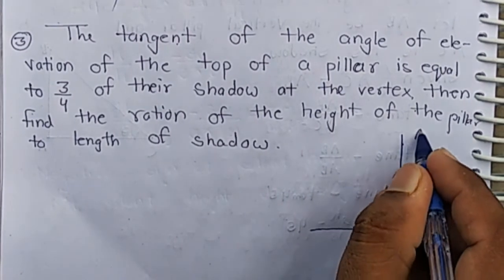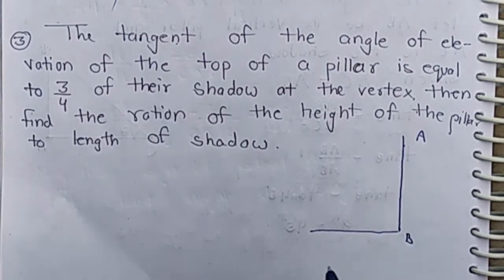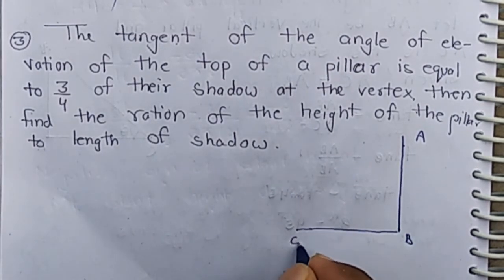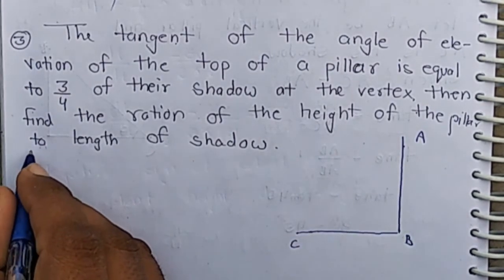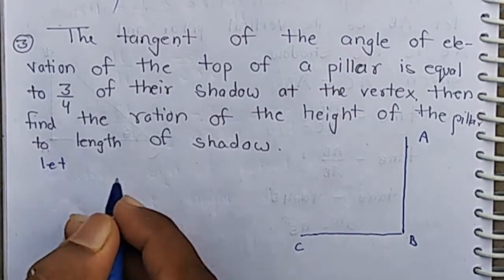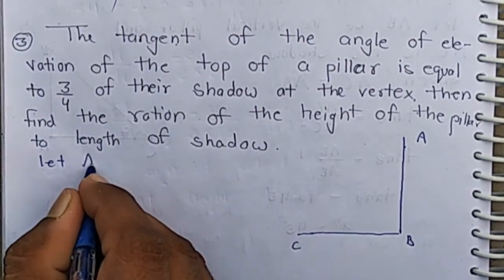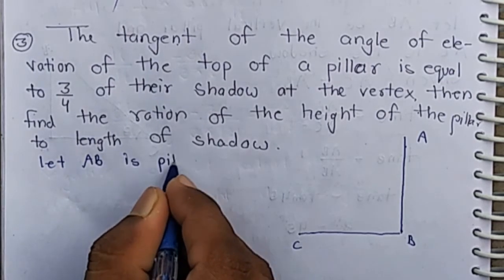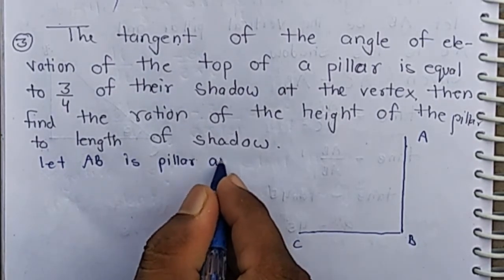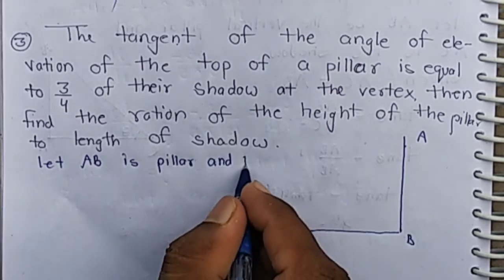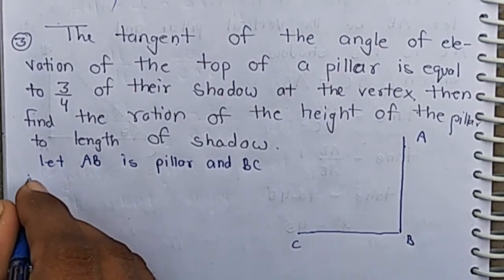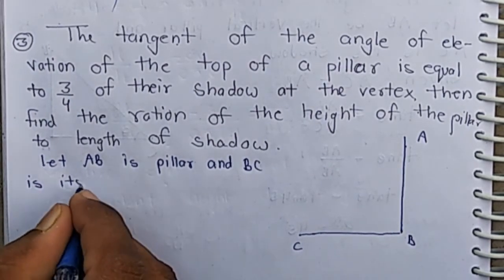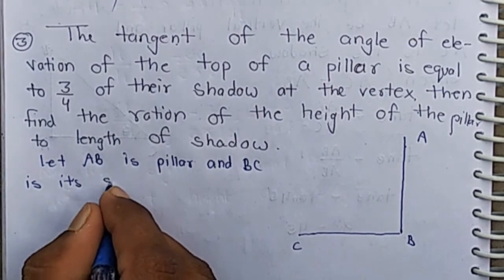Suppose it is the pillar AB and BC is the shadow.